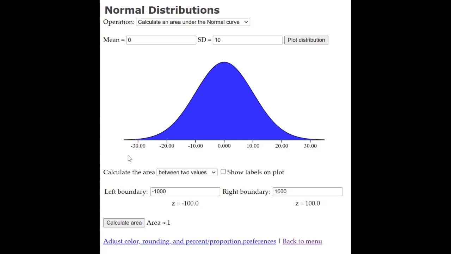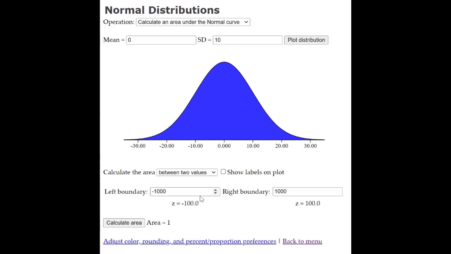You want to be at least more than 3, ideally like 6 or 10 standard deviations away, which I am. I'm actually like 100 away, which is why I'm getting an area of 1. So statement 1 is also true, that the area under a normal curve is always equal to 1, no matter what the mean and standard deviation are.